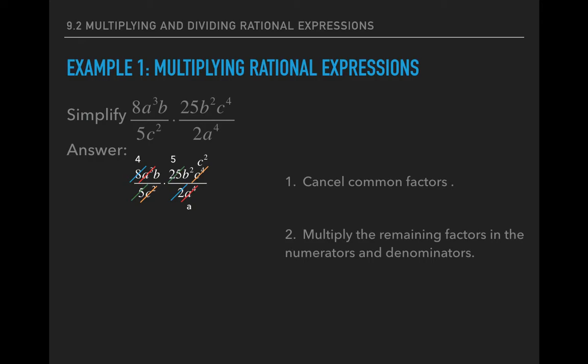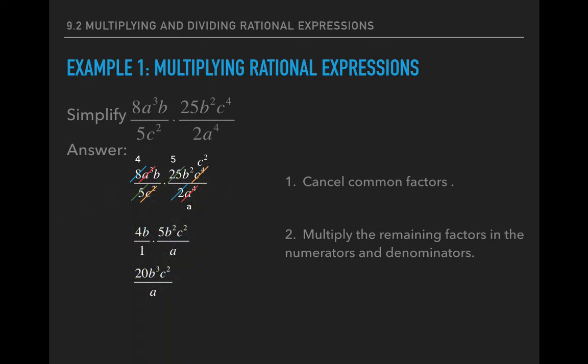Now that you've simplified, it will be much easier to multiply. You're only multiplying the remaining factors in your numerator and denominator. You'll have 4b over 1, that's what was left for your first rational expression, and 5b squared times c squared over a.